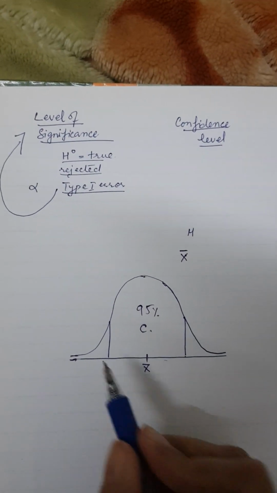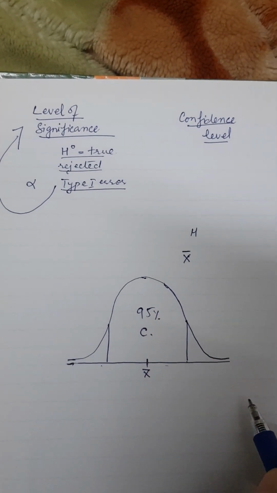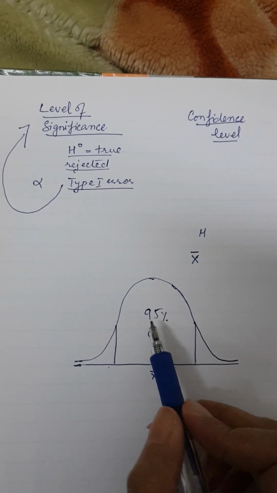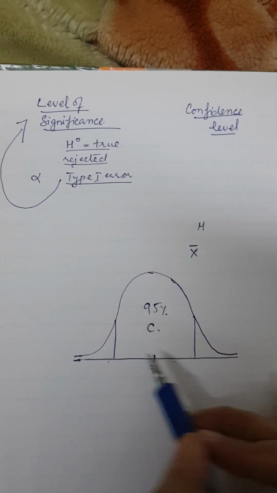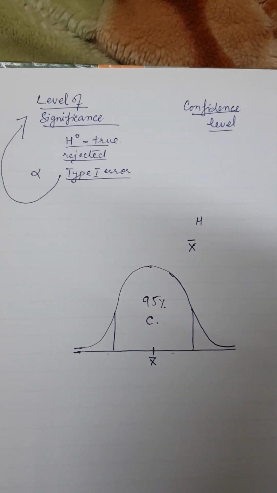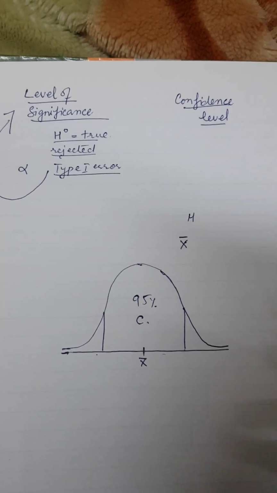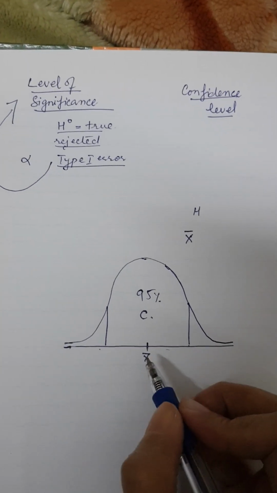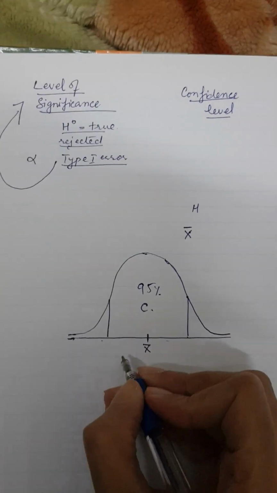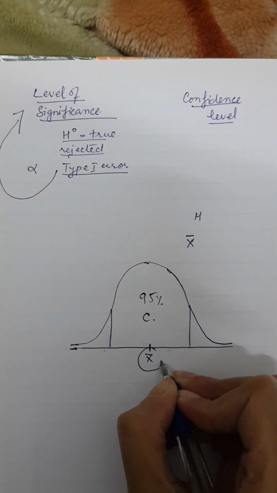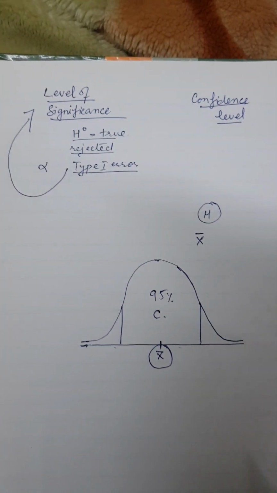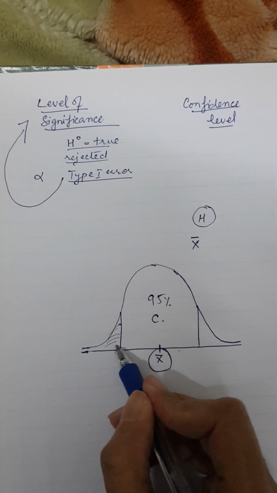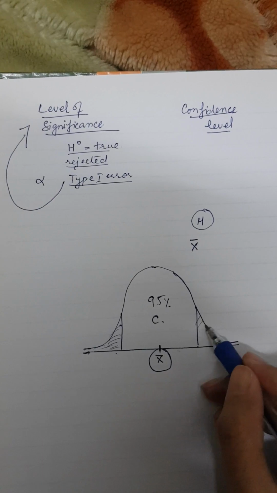In the normal distribution curve, we have 95% probability that the population mean is within the sample mean. We have 95% confidence level that this sample mean is representative of the population mean, and these side areas are our areas of rejection.